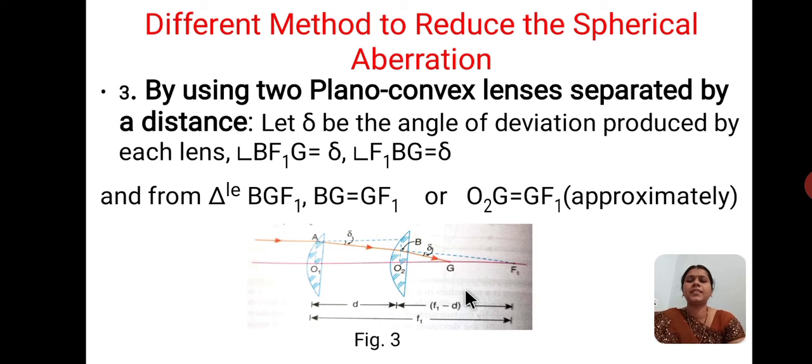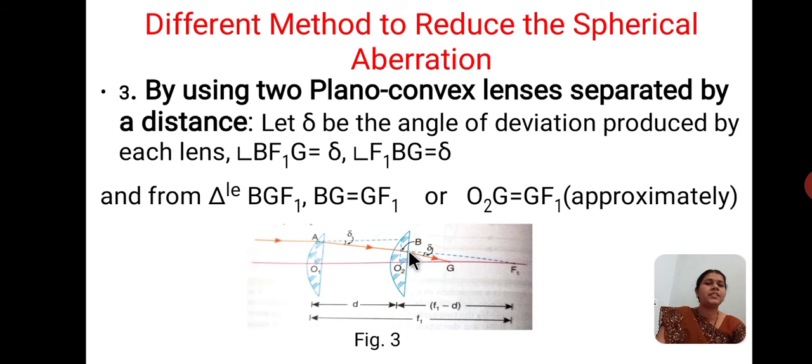So let us consider delta. Delta is the angle of deviation produced by each lens. Okay, each lens is going to produce an angle of deviation, that is delta here. Now let us consider the triangle B, F1, G. There is an angle of deviation, and another angle of deviation is F1, B, G. These are the angles of deviation.